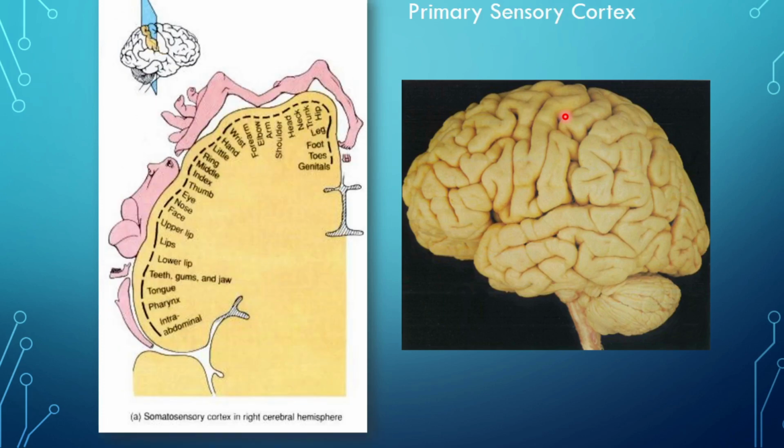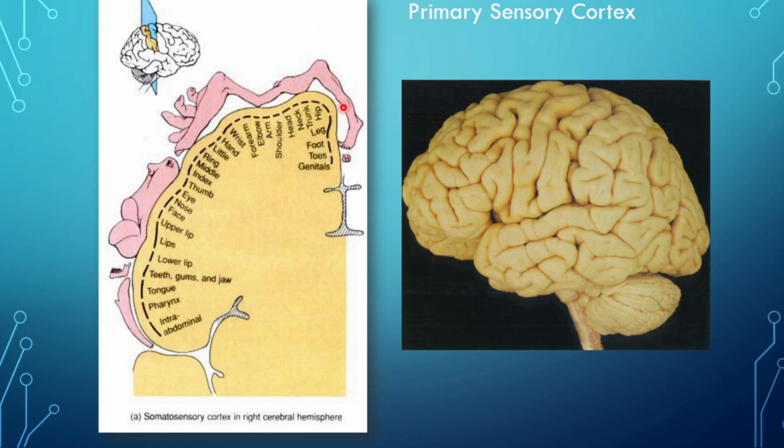And then we can do the same for the primary sensory cortex. So once again, we have that little coronal section of a right cerebral hemisphere on the cartoon here. And the body, so with the left hand side of the body that is represented on this hemisphere and in the same orientation.